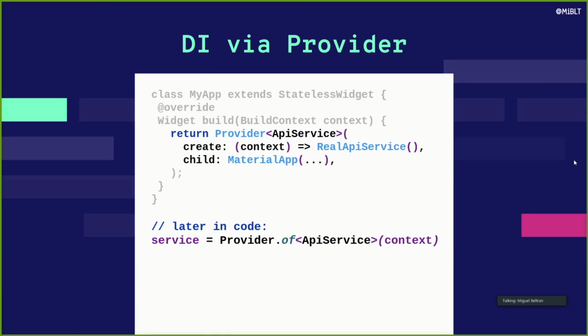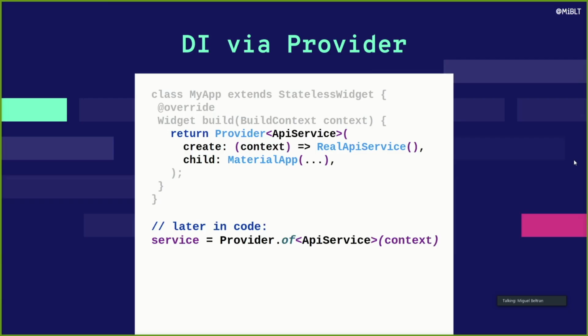In other cases, we may need to pass dependencies down the widget tree. For example, we want to make this API service available for the widgets in the app. With provider, I can define a provider that wraps the whole material app, and now all the widgets inside my app can access it by calling Provider.of.